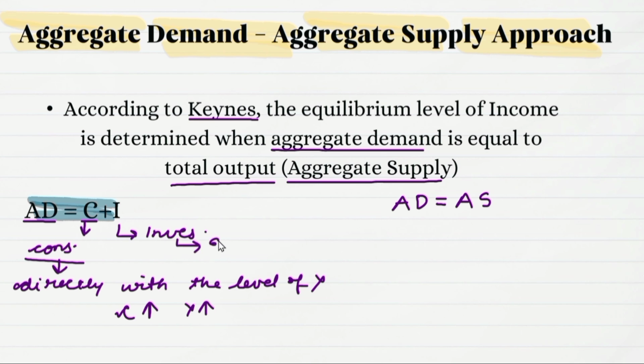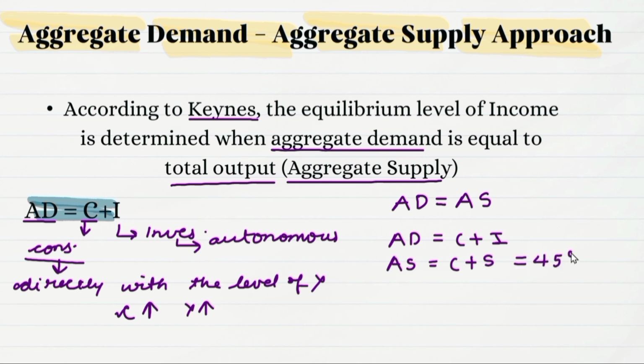As we have assumed that investment is autonomous, it would be the same no matter what the level of income is. So the AD curve would be represented by the C plus I curve in the income determination analysis, and the AS curve is represented by the C plus S curve, and it is depicted by the 45-degree line.